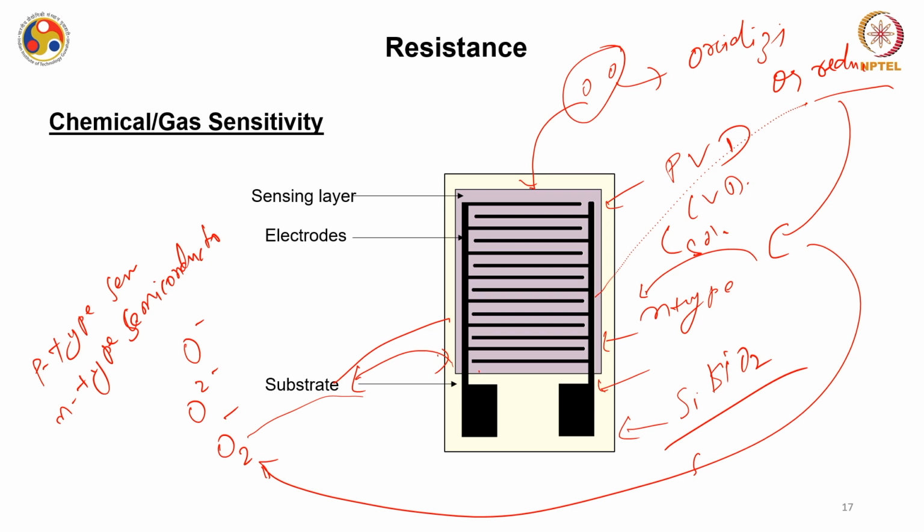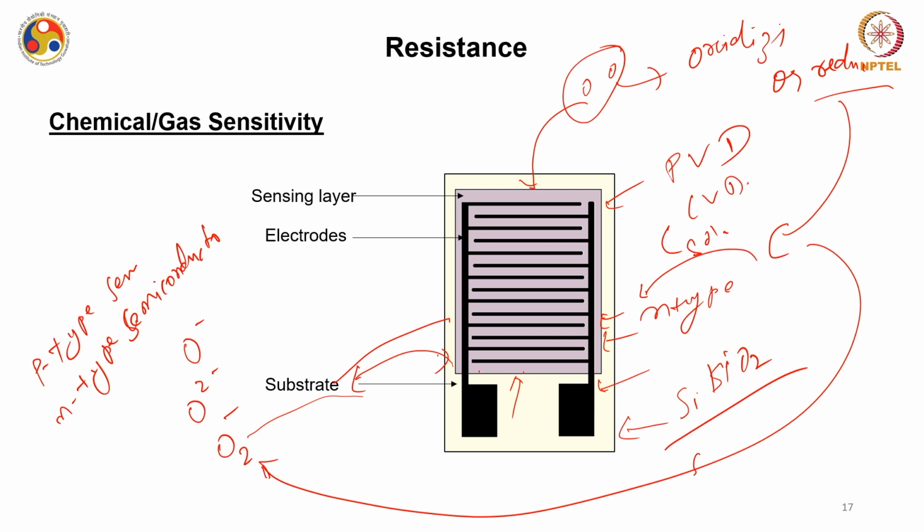But you have oxygen species, and depending on whether the receptor material is p-type or n-type, or whether the gas is oxidizing or reducing, an exchange of electrons and holes happens. Since this was a reducing gas, the population of electrons will increase in this material.